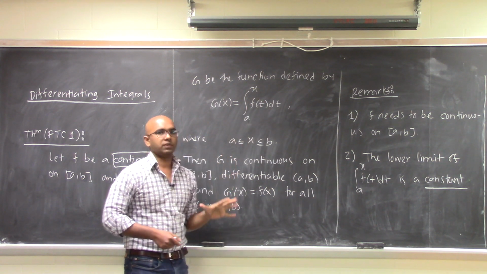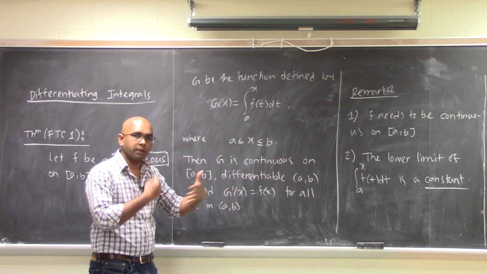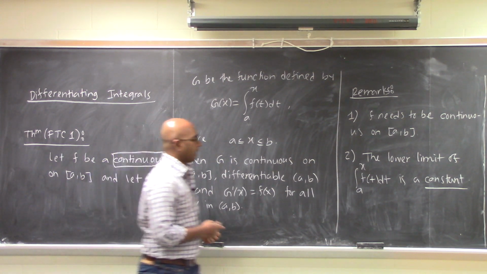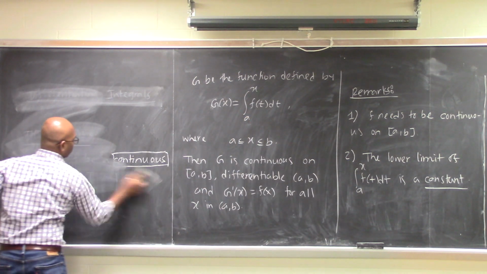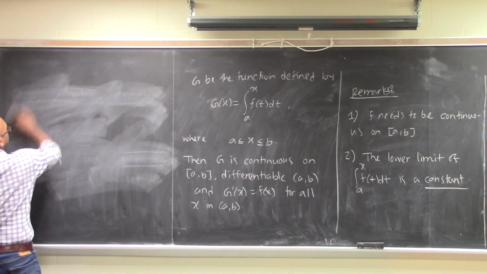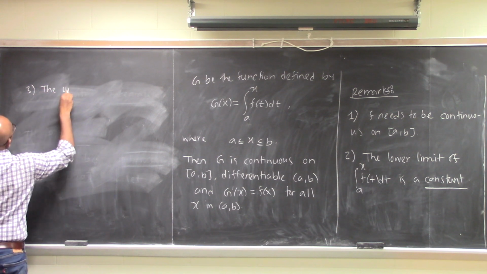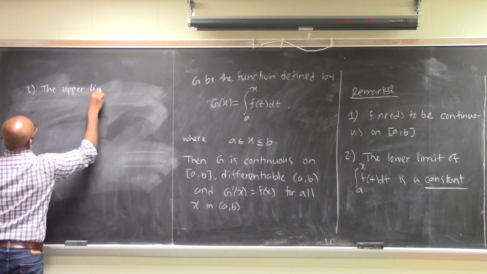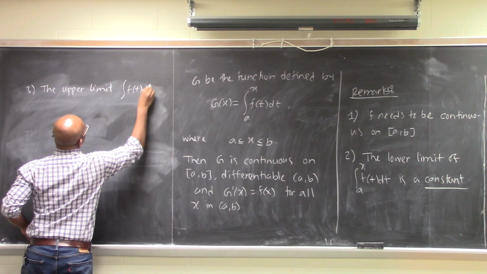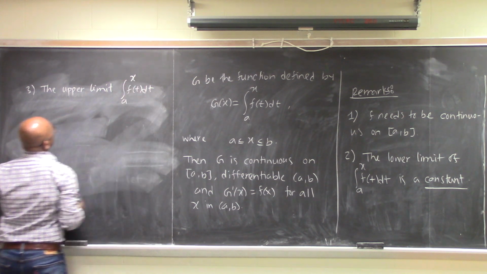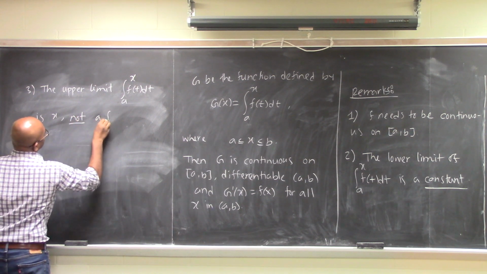We're going to see how to differentiate that. The trick is to use chain rule. But you need to set up the thing so that you can apply chain rule. Okay? So the next thing is this. Three. The upper limit of this integration is x, not a function of x.